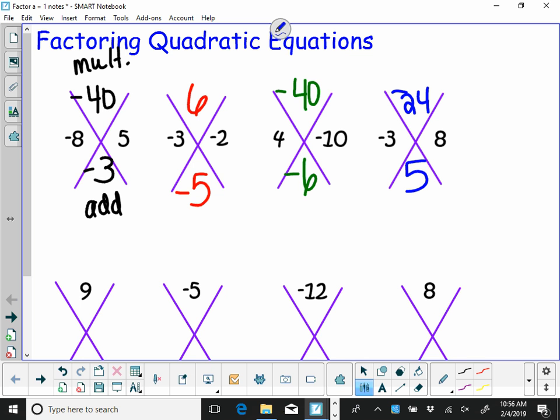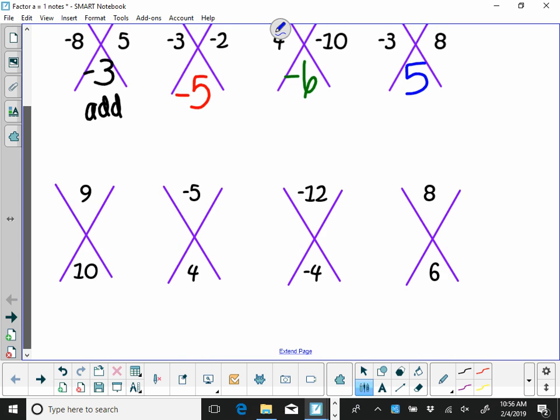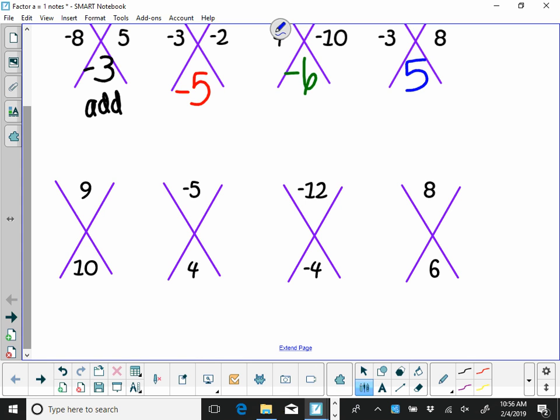Okay, so the other ones, the ones right below it, notice you have the top and bottom. Pay attention here. Now you've got to come up with what two numbers multiply to get 9 and add to get 10. I know it's 5 and 2. Well, 5 times 2 doesn't give me 9.